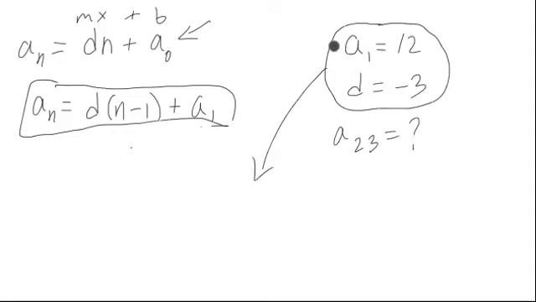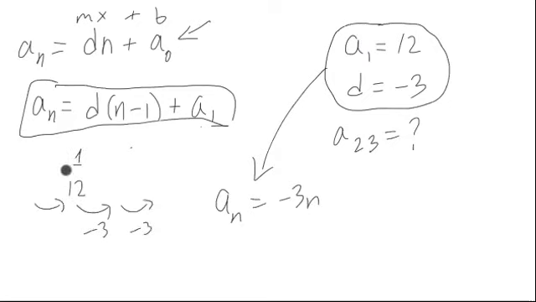Our formula would be a sub n is equal to the slope, -3n, and the intercept, well, this is interesting. We have a -3 slope, so from each term, starting at 12, we subtract 3 and subtract 3, but we want to go backwards because 12 was position 1 to position 0. So this must be 15. So our formula is -3n plus 15.